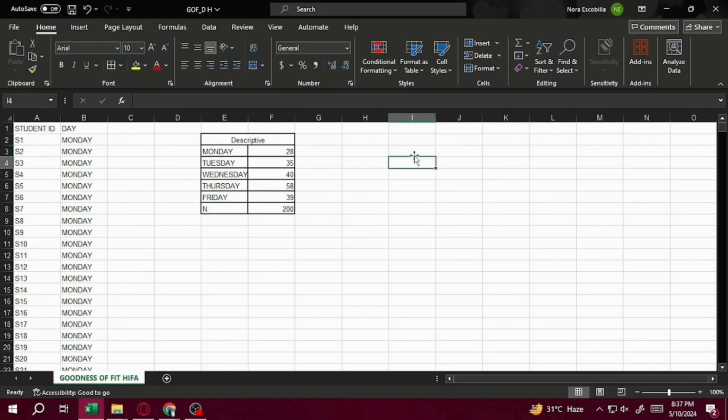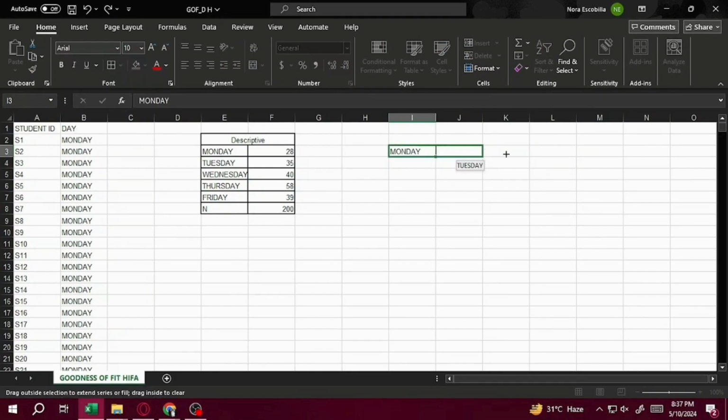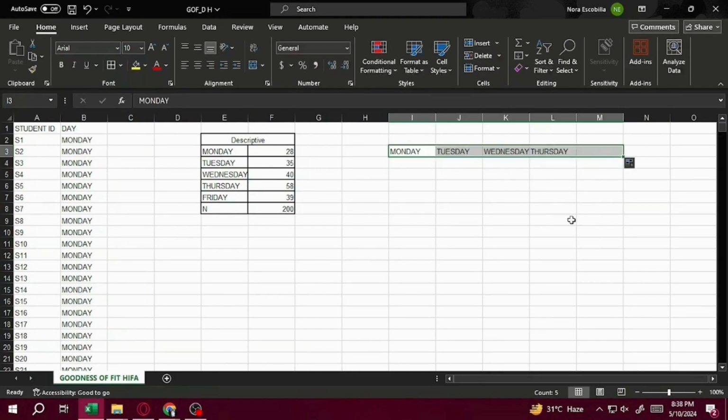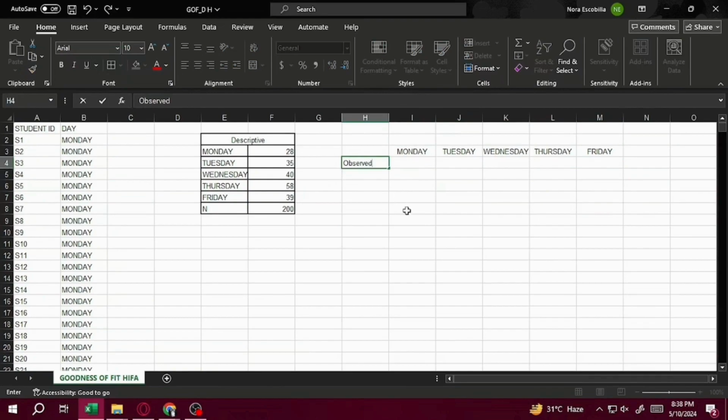Next thing that we need to do is create our contingency table. So, input the days, which are Monday, Tuesday, Wednesday, Thursday, Friday. And let's write our observed values. Type observed, and let's input the values.